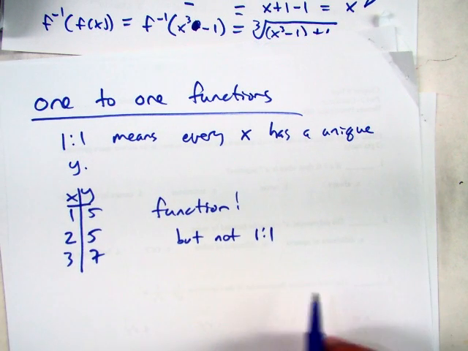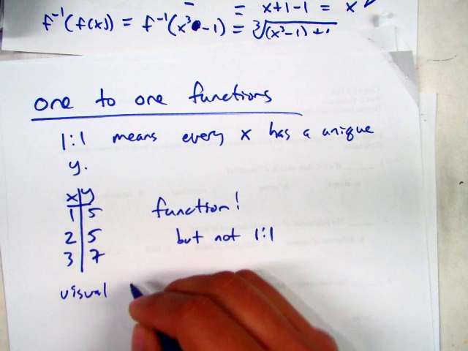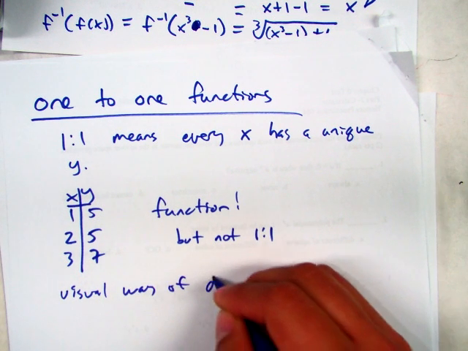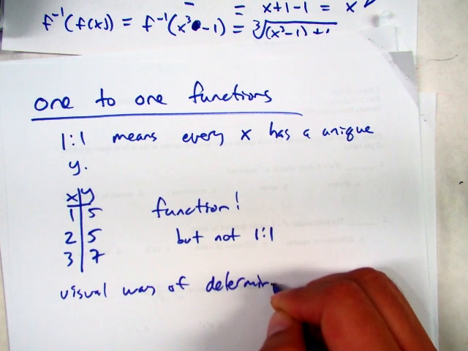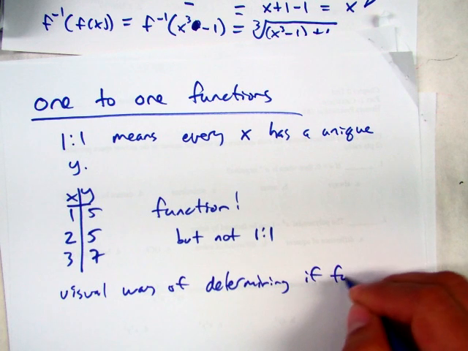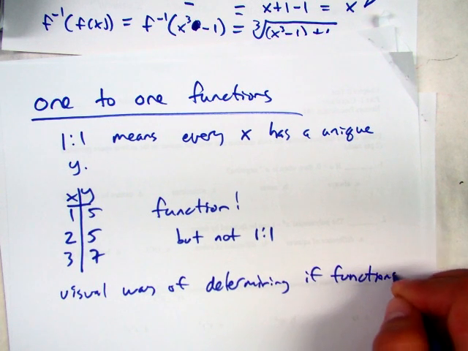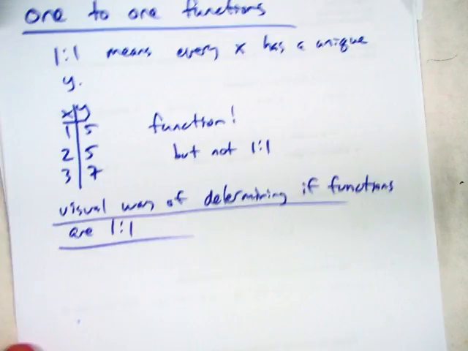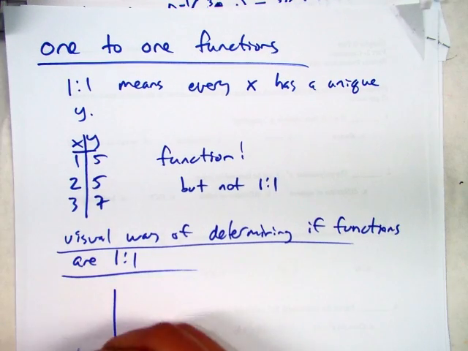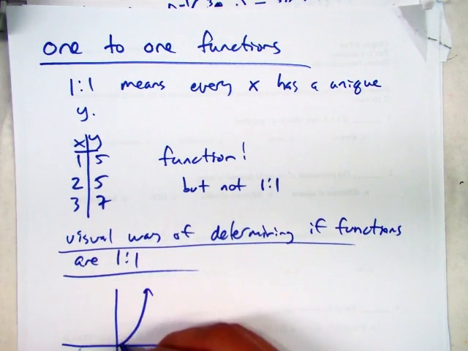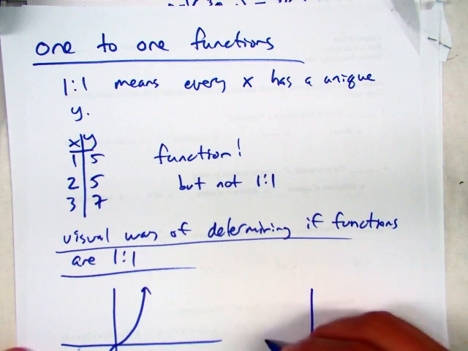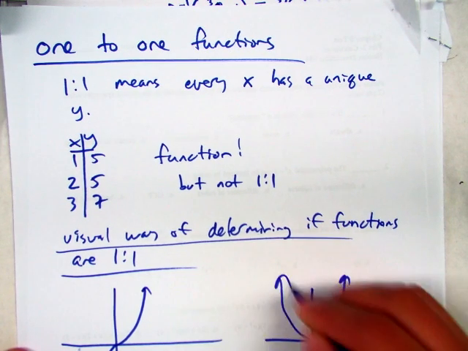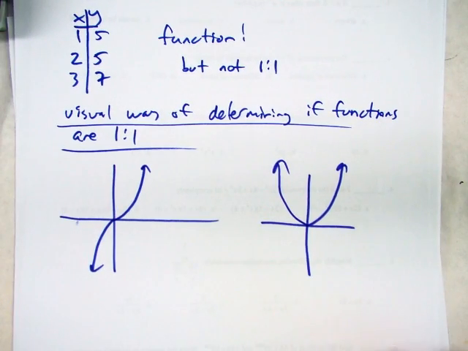Here's a visual way of determining if functions are one-to-one. We'll do two examples here. Think about what the definition was, that every x has to have a different y, right?